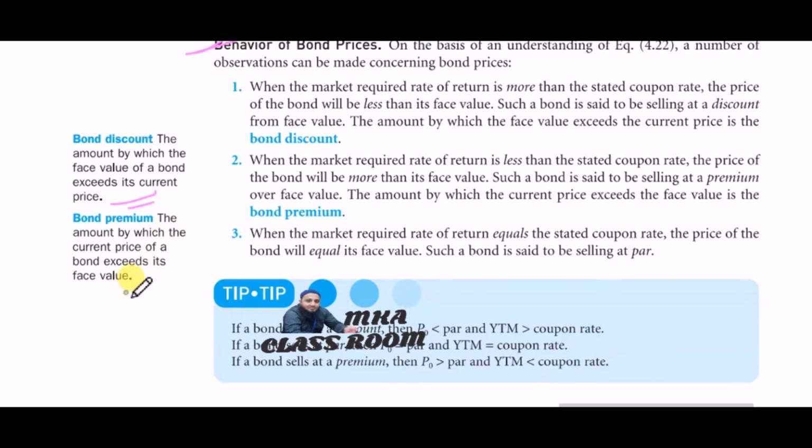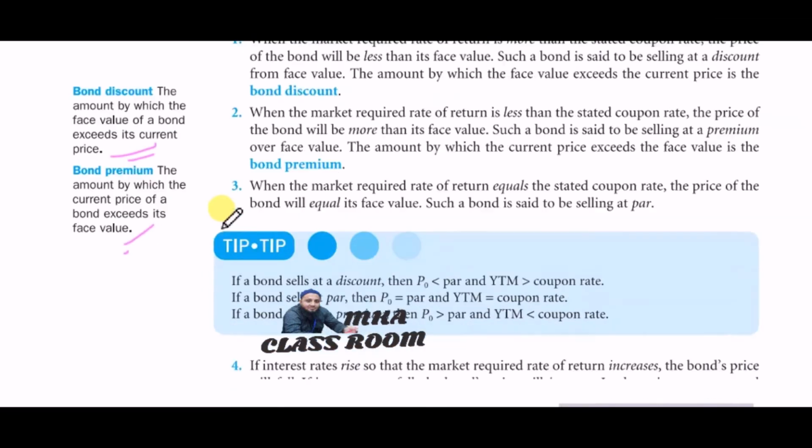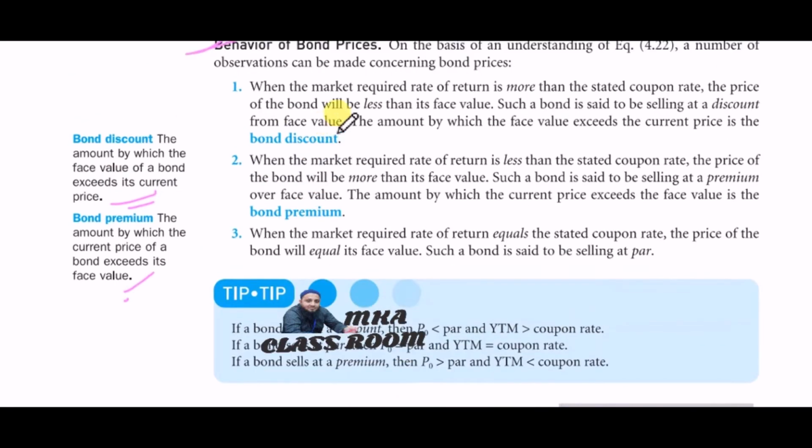When the market required rate of return is more than the stated coupon rate, the price of the bond will be less than its face value. Such a bond is said to be selling at a discount from its face value. The amount by which the face value exceeds the current market price is called the bond discount, or you can call this type of bond a discounted bond.